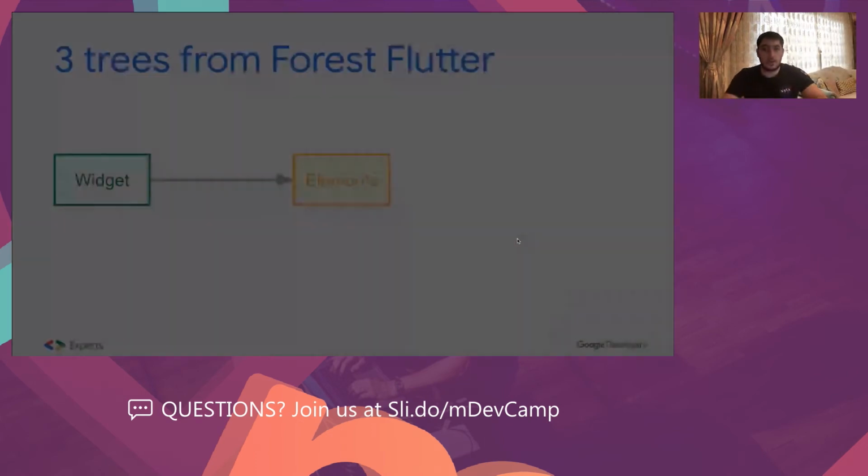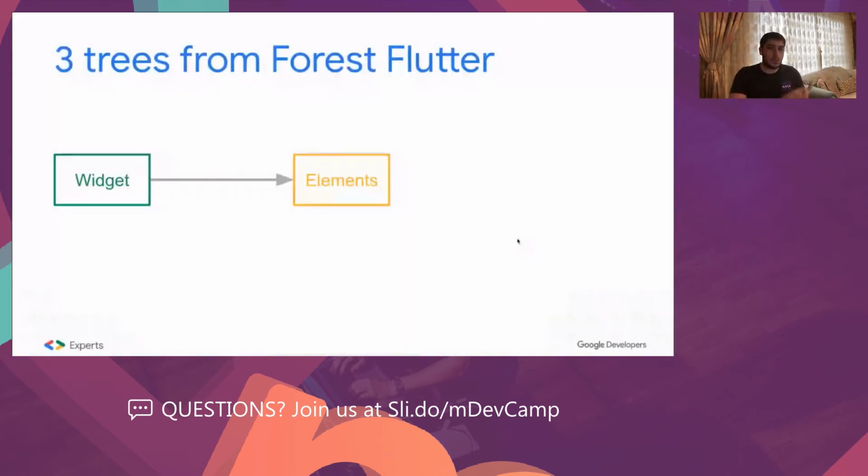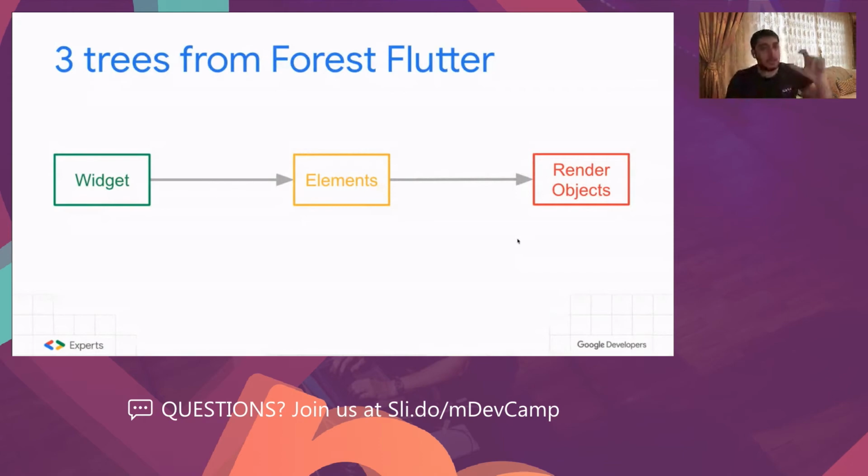So now we have talked about what a widget is, what an element is, what a render object is, and how it creates it. But we still haven't seen the performance part of it. Let's see, when I update my counter there, how does this thing happen?